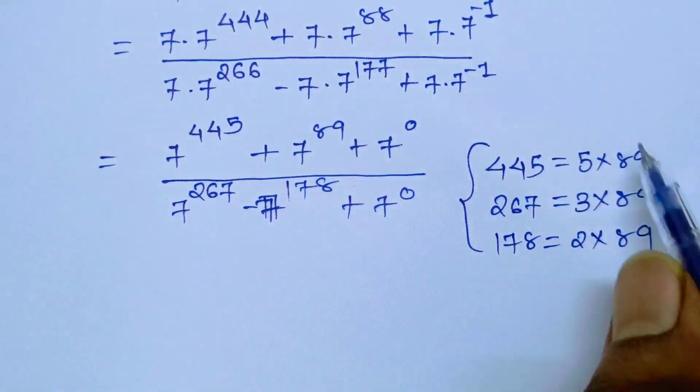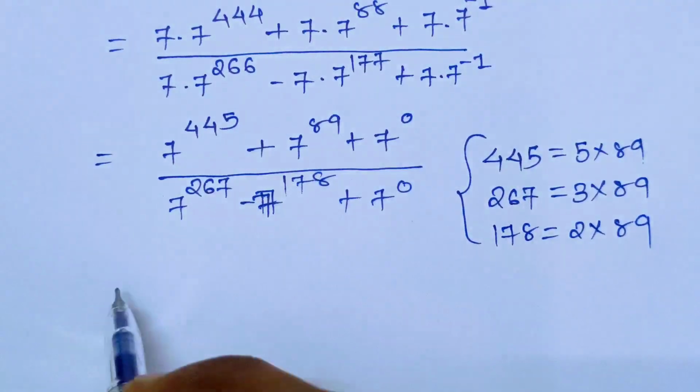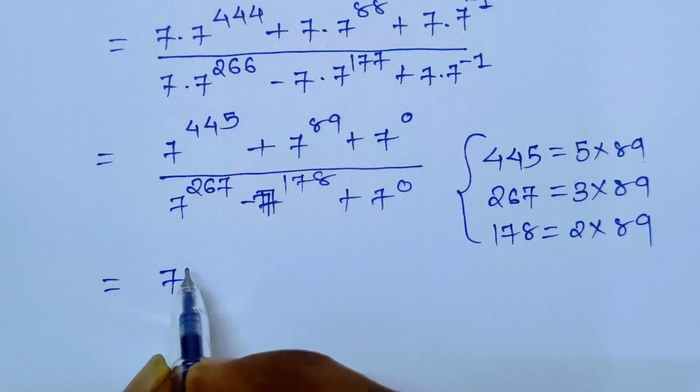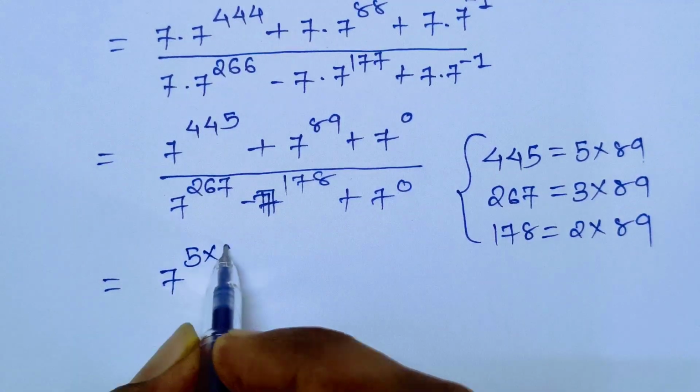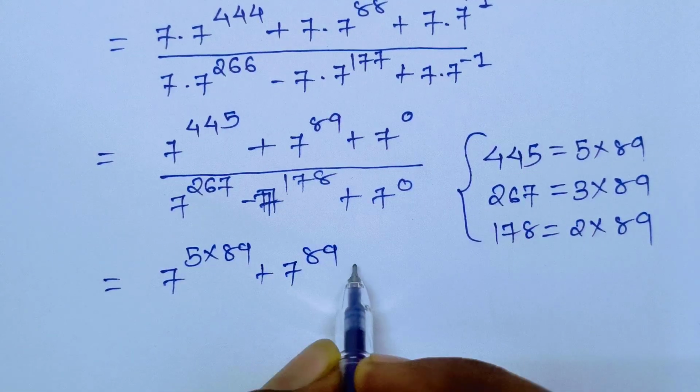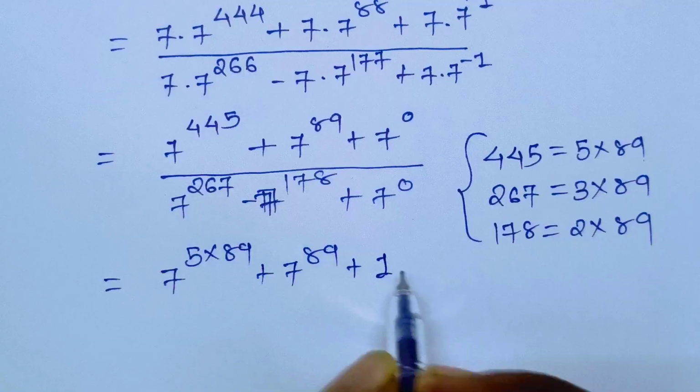Write down all three terms in this equation: 7 raised to 5 into 89, plus 7^89 as it is, plus 7^0 means 1.